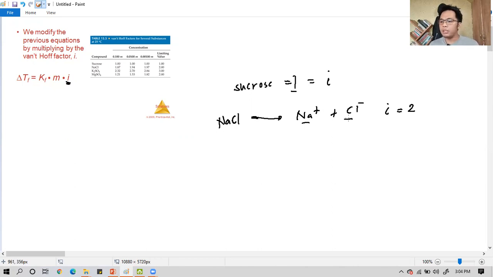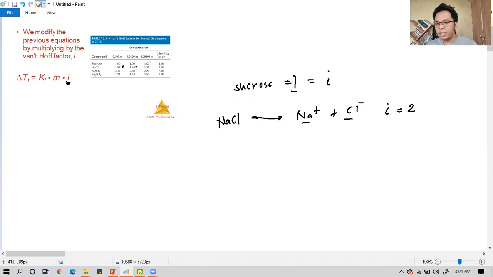But according to our experimental values, sodium chloride has only a value of 1.87, 1.94 and 1.97. The van't Hoff factor value, I should say.